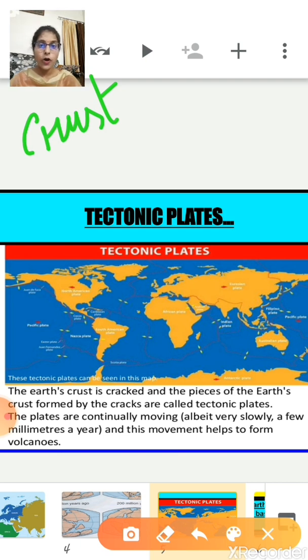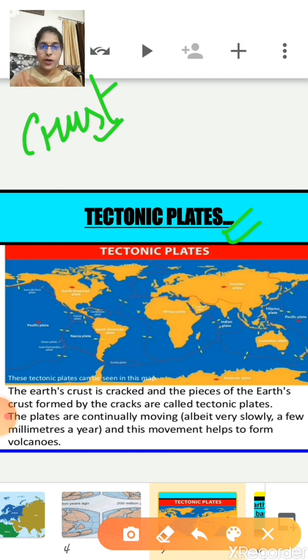The crust of the earth is broken into a number of plates, and these plates are called the tectonic plates, right?